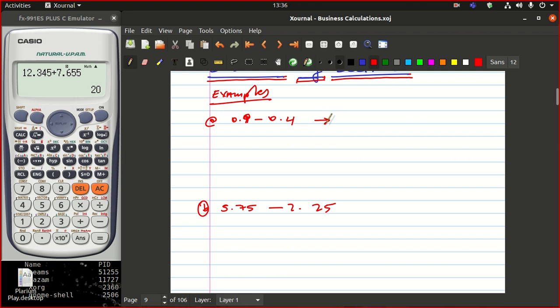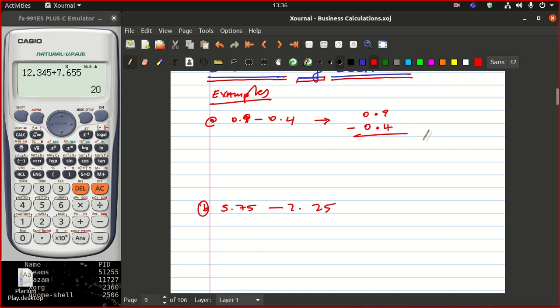So you do the same thing here. You have 0.9, you write it as it is, and then you place a dot below this dot, and then you write the number that is after the decimal and the number that is before that point, and then we have a minus.